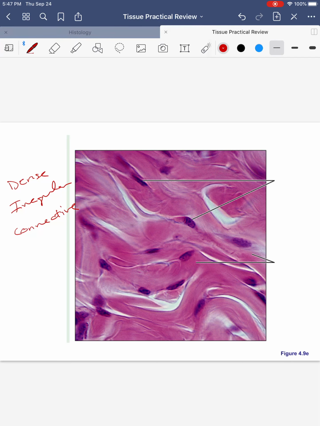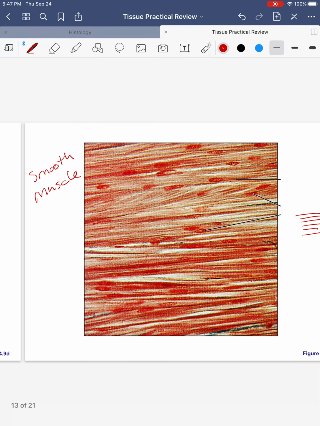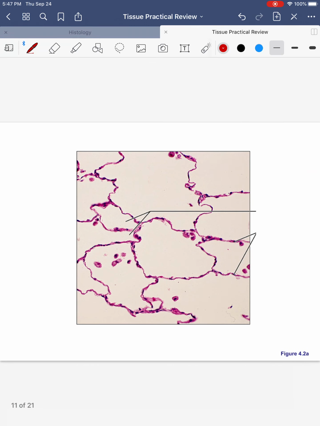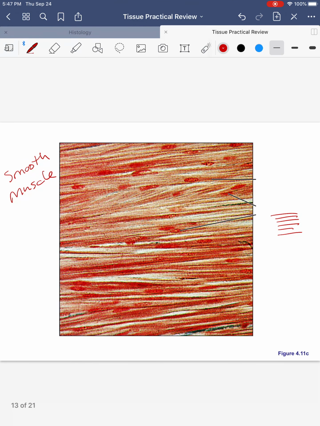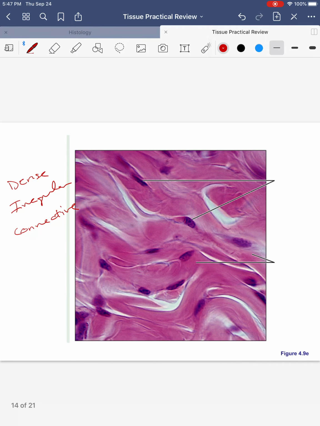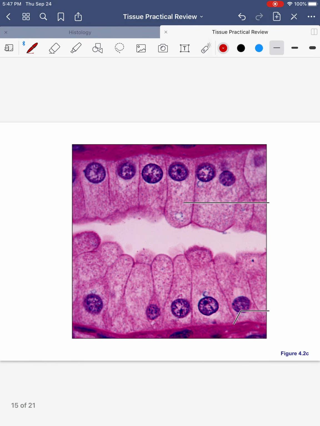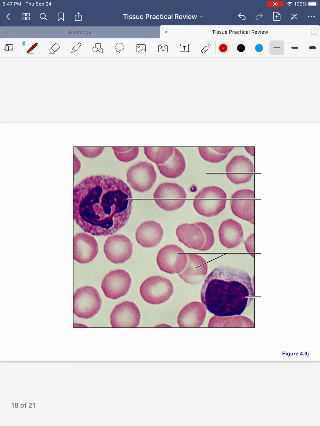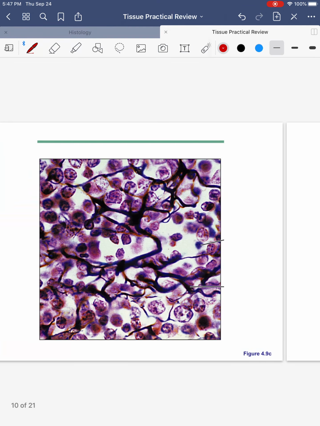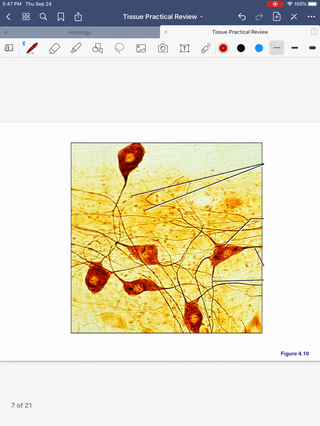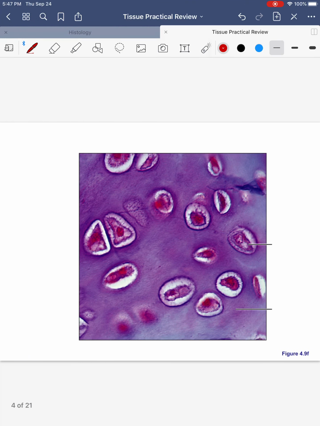All right, so I'm just saying dense irregular, smooth muscle, dense regular. These are the 3 that tend to be missed most often. And another one, now that I think of it, let me add a 4th one, and then we'll be done. You're going to be glad you stuck around to the end of this presentation, though, I promise, if I can just find it.